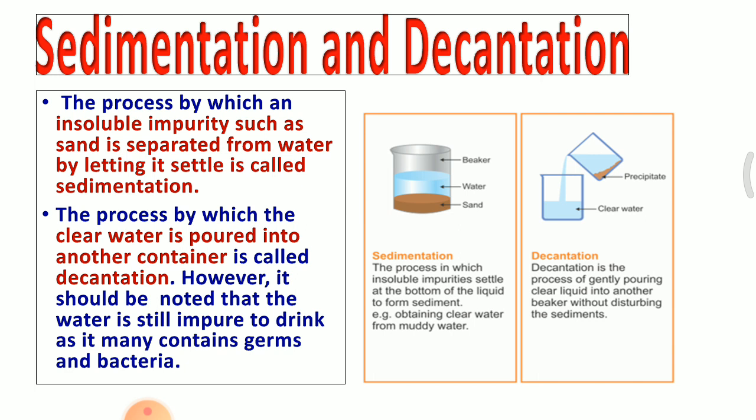The process by which an insoluble impurity such as sand is separated from water by letting it settle is called sedimentation. The process by which the clear water is poured into another container is called decantation.